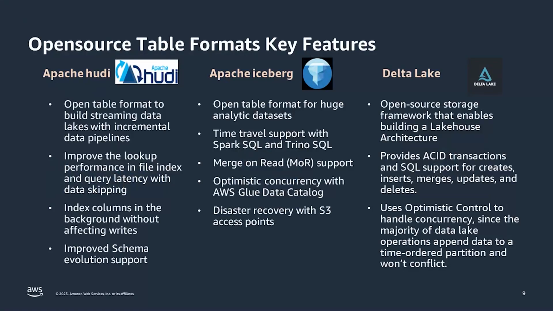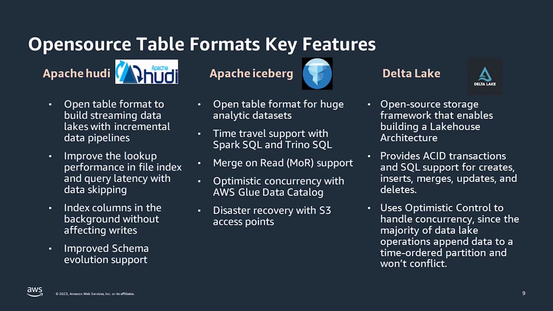This slide will cover the comparison. Basically, it will give you insight into when to use which format. First of all, if you're looking for an open source format which can build a streaming data lake with incremental data pipelines, then Apache Hudi is the best option, because it provides very good compatibility with streaming data.